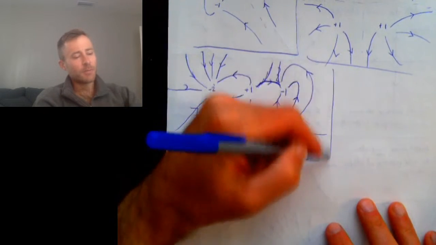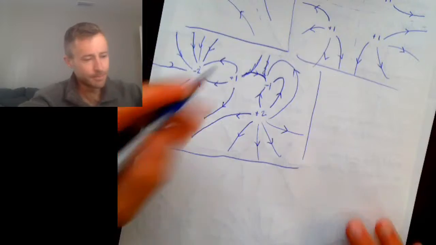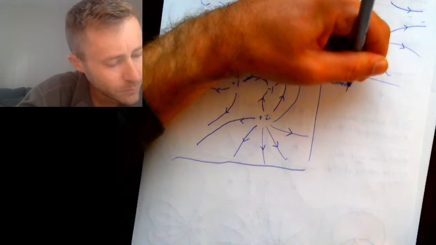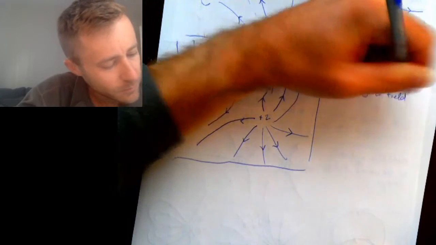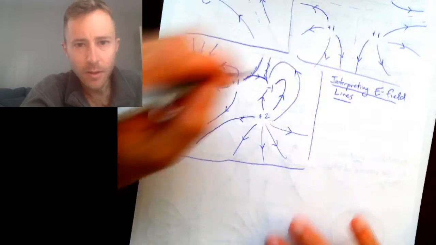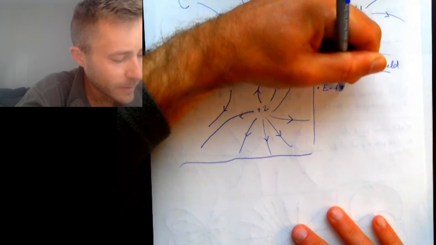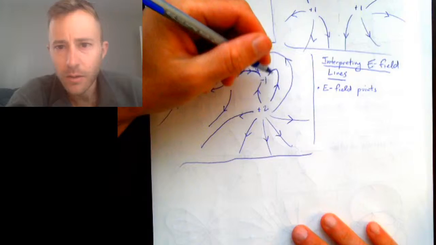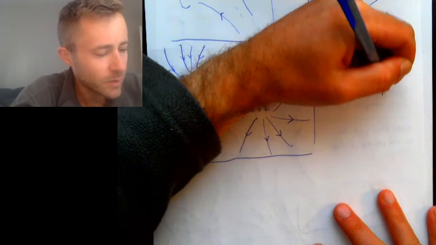So now let's talk about interpreting electric field lines. Okay, so what does it all mean? Well, the electric field points, okay, the electric field points parallel, or what am I saying?